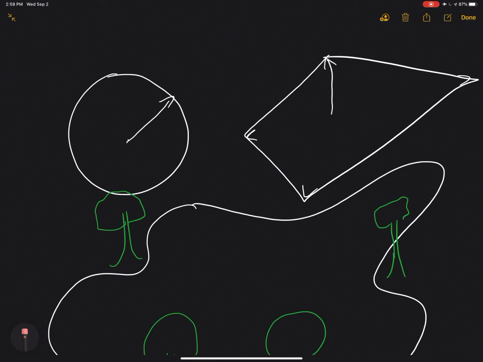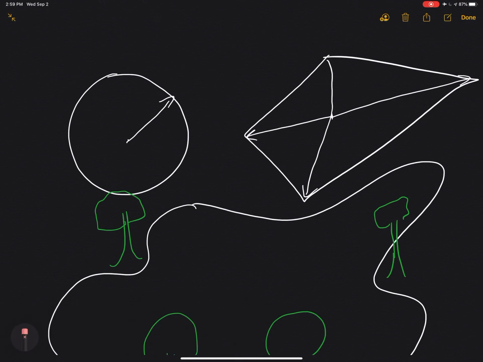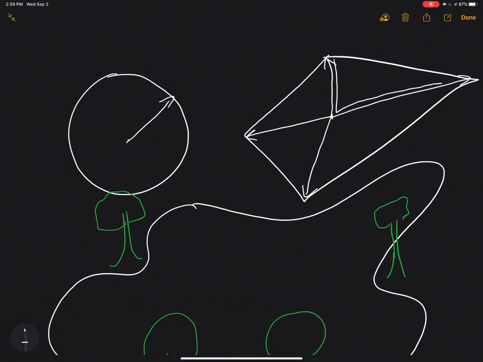You'll notice that each pair of adjacent radii forms a triangle. And a triangle is going to be what we need to very quickly, easily, and accurately get the area of that part of the campsite.